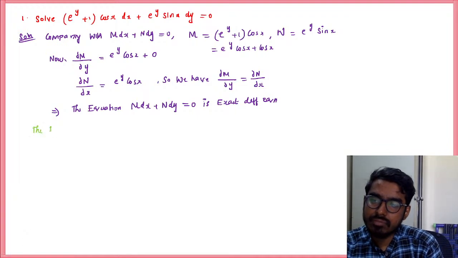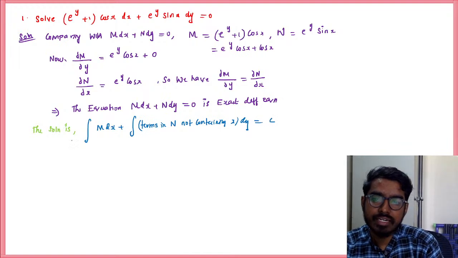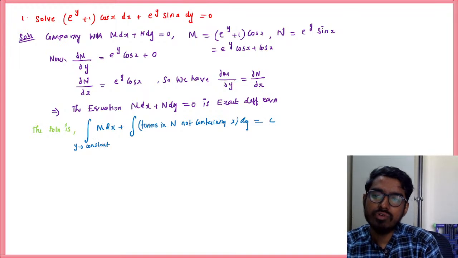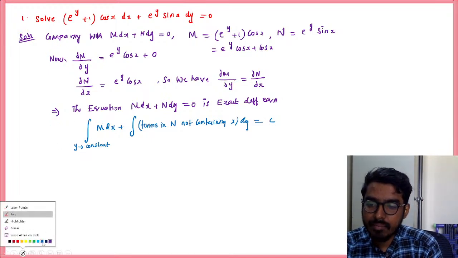The solution is given by integration of M dx plus integration of terms in N not containing x, into dy, is equal to constant. You have to integrate treating y as constant. This is the solution after proving that the given equation is exact, right?